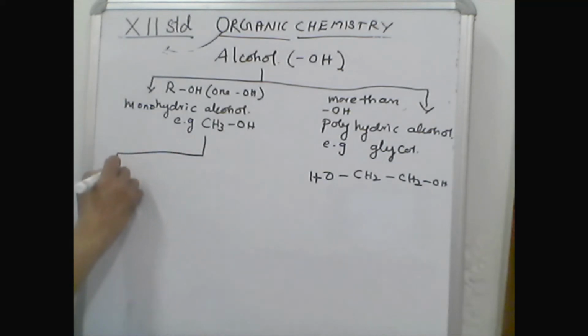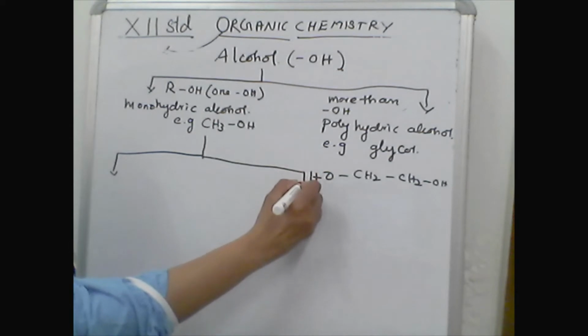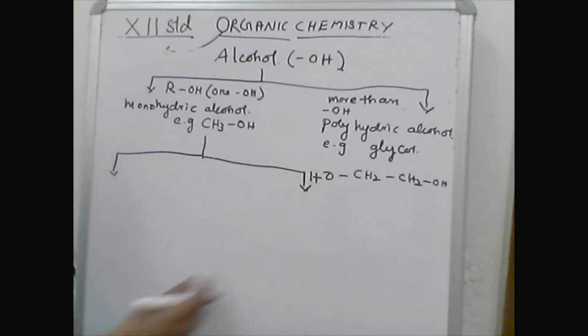So again, monohydric alcohols are divided into two types based on which type of carbon the OH is attached to. I already told you there are three types: sp3 hybridized carbon, sp2 carbon, and sp carbon.